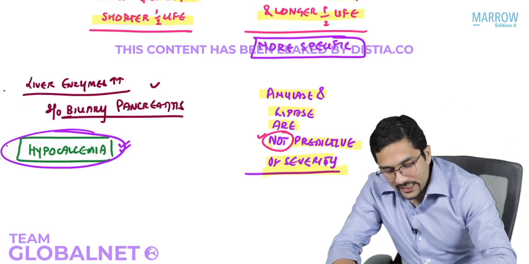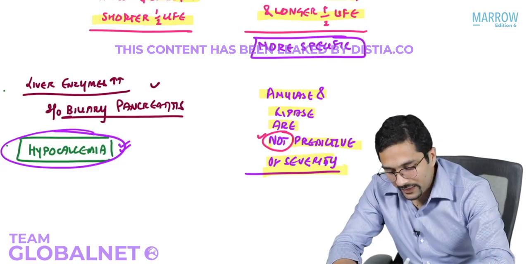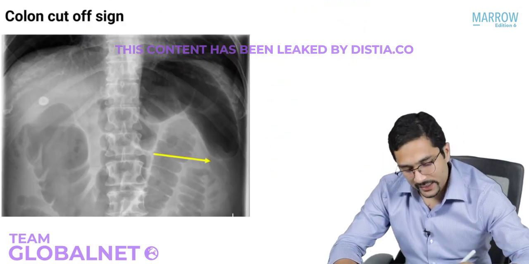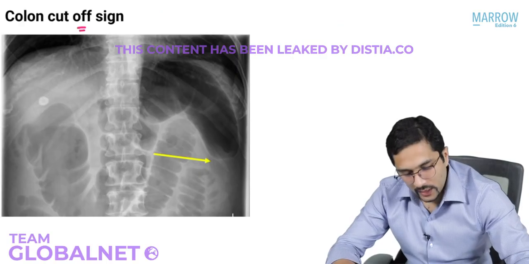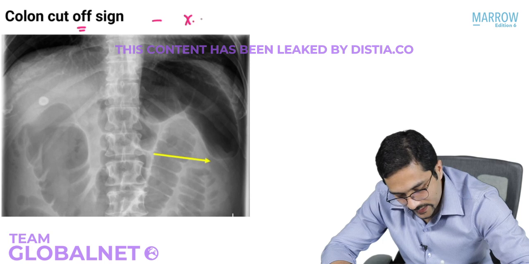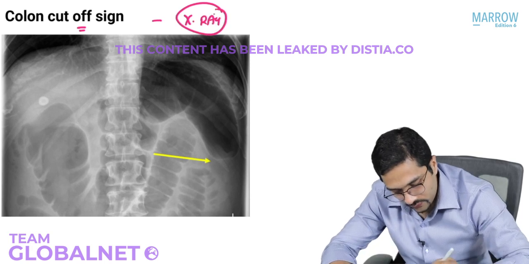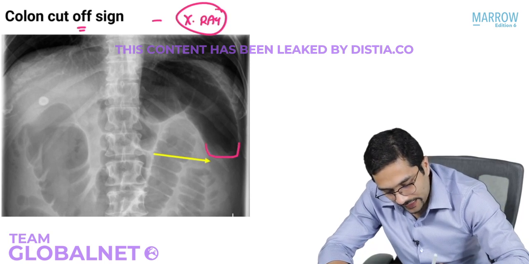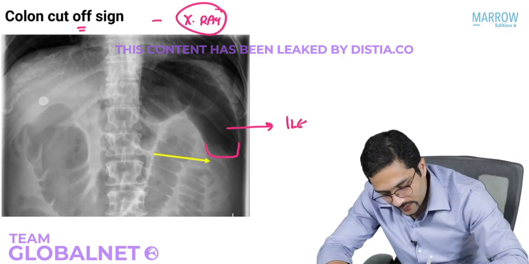The radiological signs which we can see in patients with acute pancreatitis, there are certain non-specific signs. One of them is a colon cutoff sign, which you can see on imaging. On an X-ray, you can see that there can be a cutoff in the large bowel, and this basically occurs because of ileus.